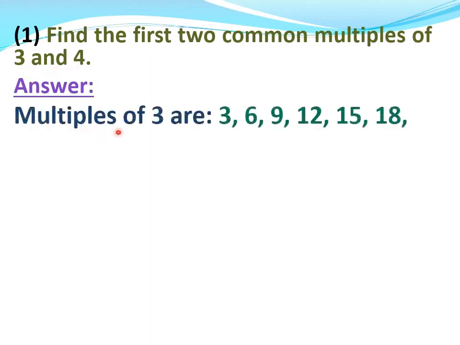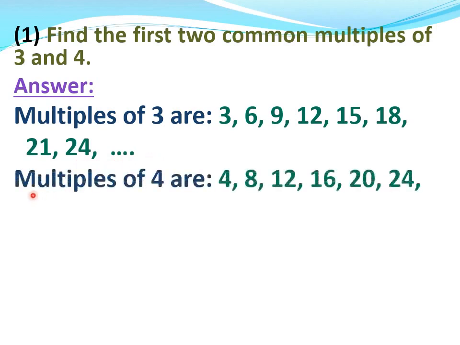Multiples of 3 are 3, 6, 9, 12, 15, 18, 21, 24 and so on. Similarly, multiples of 4 are 4, 8, 12, 16, 20, 24, 28 and so on.